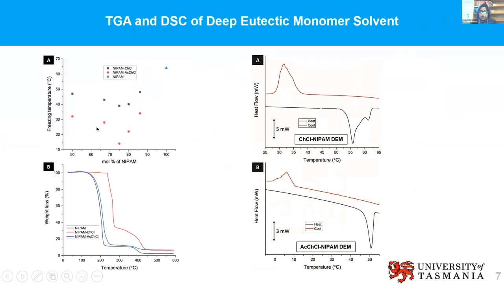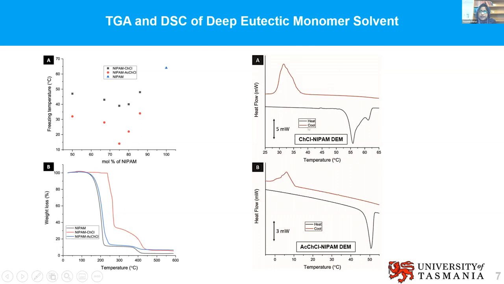We also evaluated the freezing temperature minima, and we find that the NIPAM choline chloride deep eutectic monomer solvent has a freezing point at 39 degrees centigrade, while with acetylcholine chloride, the deep eutectic monomer solvent freezing point minimum is only 15 degrees centigrade.